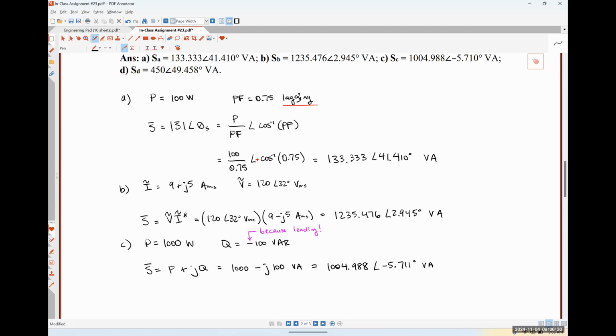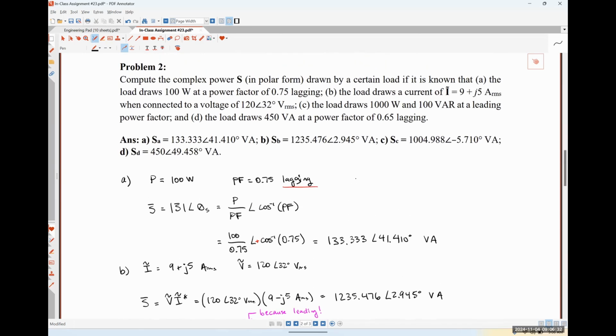Okay. And then lastly, we're told the load draws 450 volt amperes. So what part of the complex power are we talking about there? Does it have a phase angle?